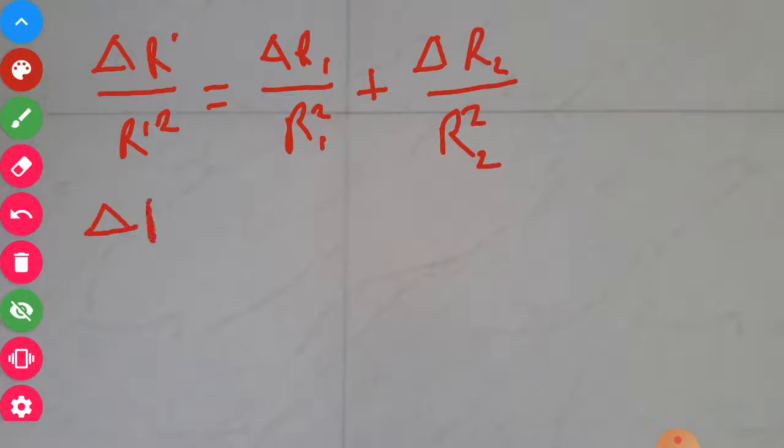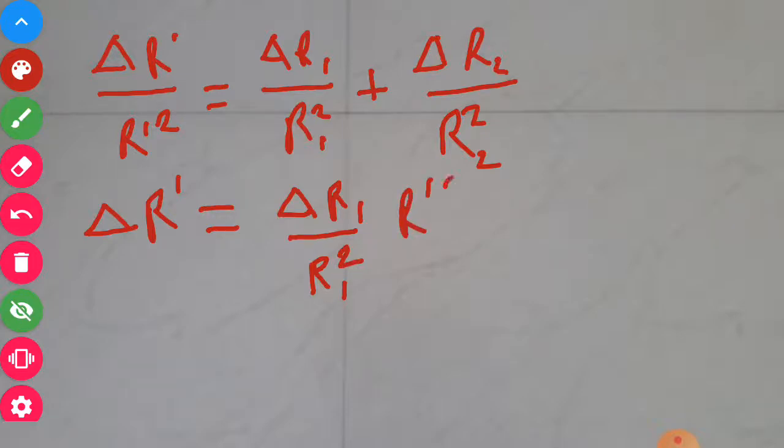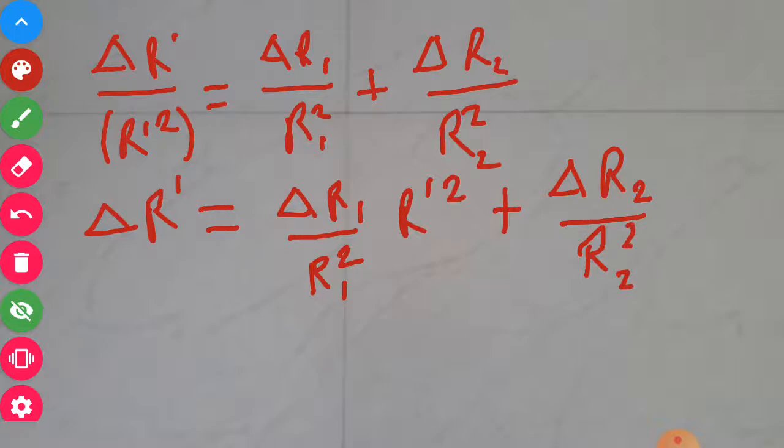So if you make delta R prime the subject of the formula, then what will happen? It becomes delta R1 upon R1 square multiplied by R prime square. This will be multiplied with the first term and the second term. So it becomes delta R2 upon R2 square multiplied by R prime square. Okay, and if you write the values, then you will get the final answer.